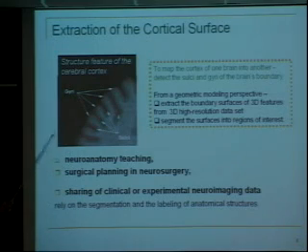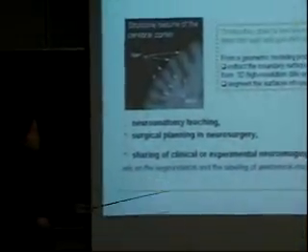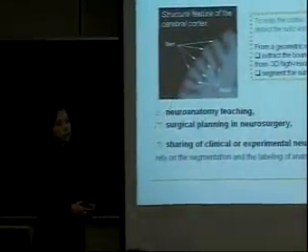In order to map this cortical surface, you have to find the boundary of this cortex. That's our problem, and that's what we want to solve. In applications such as neuroanatomic teaching, surgical planning, or the sharing of clinical information, all rely on the segmentation and labeling of this cortical surface.